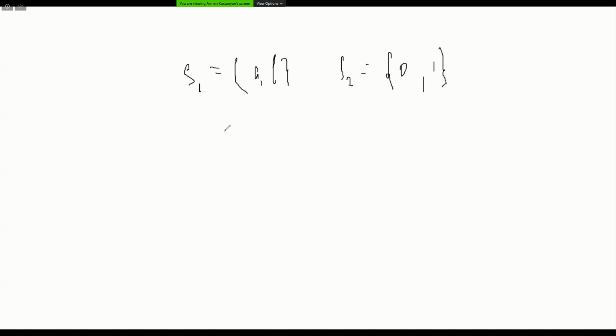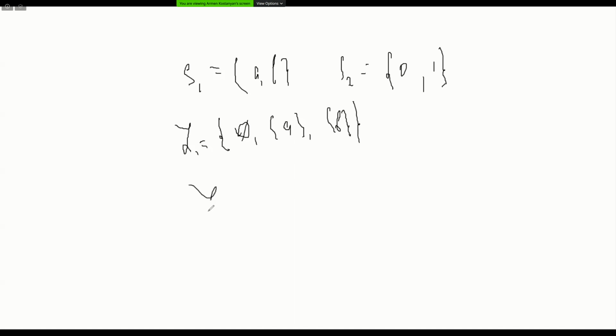Then we need to define a matroid structure on these ground sets, so we need to have a proper subset system. Let's consider the empty set, and consider A and also consider B. So we take all subsets except the entire set, the entire S1. This is I1.